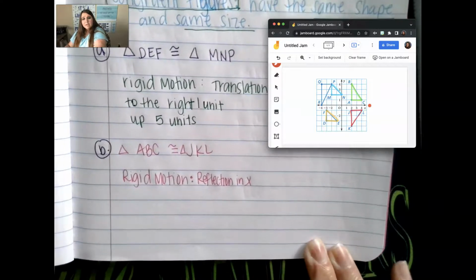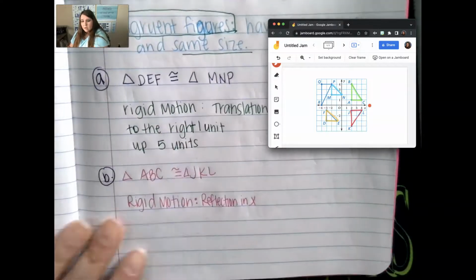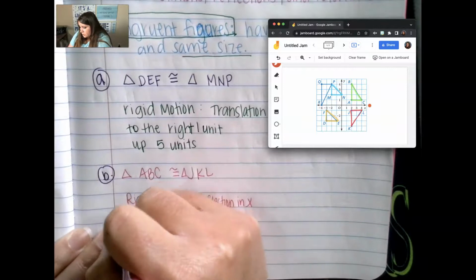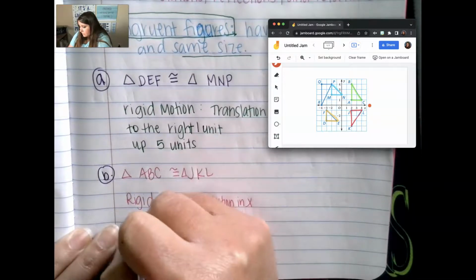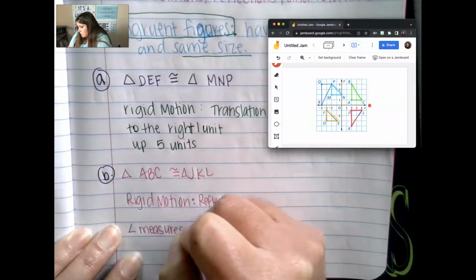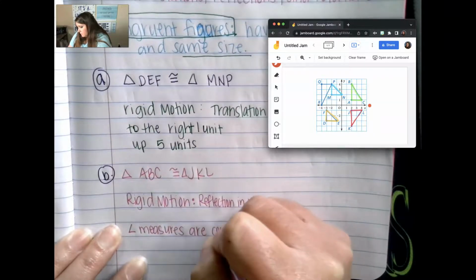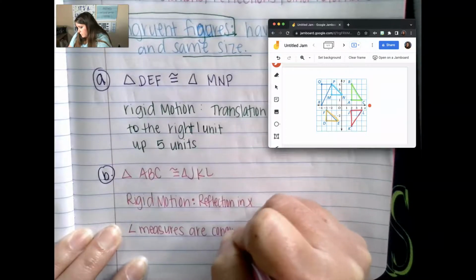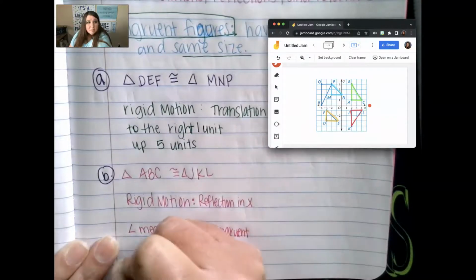Okay, and when it's reflecting in the x-axis, we know that the angle measures are congruent, and the side measures.